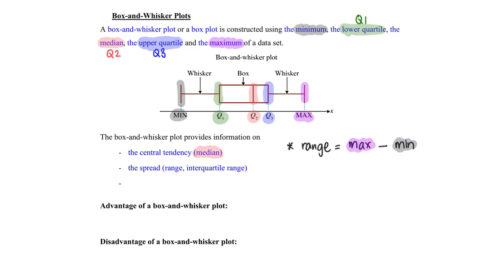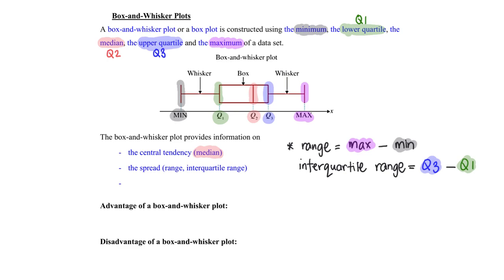Also do remember the interquartile range is equal to the upper quartile minus my lower quartile. Okay, so this is something that we could also find out using the information given by this box and whiskers plot.